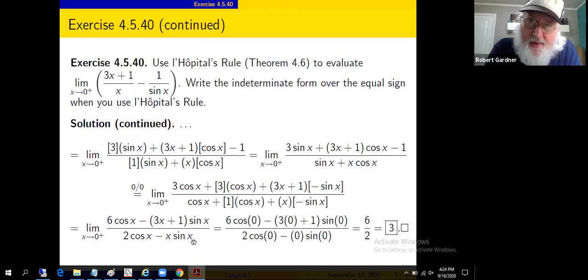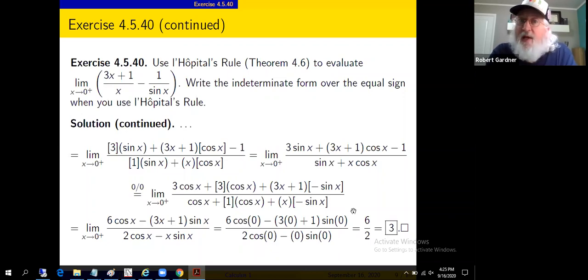Can you plug the 0 in now? Let's check the denominator. We'd get 2 cosine 0 minus 0 sine 0. Cosine of 0 is 1. So we get 2 in the denominator. So yeah, we can plug in now, unless something really weird happens in the numerator, and it won't. It's just a polynomial mixed together with some trig functions. Substitute 0 in the numerator.